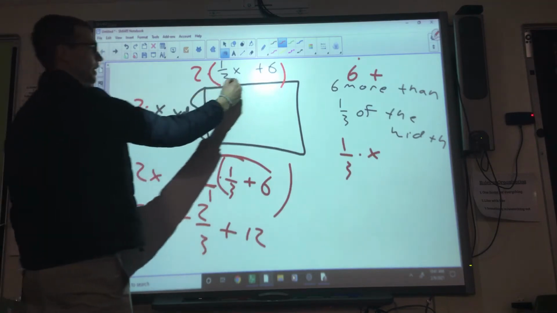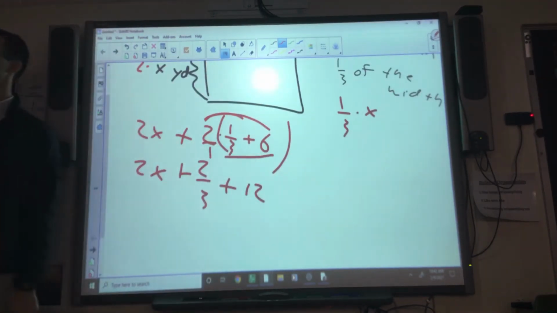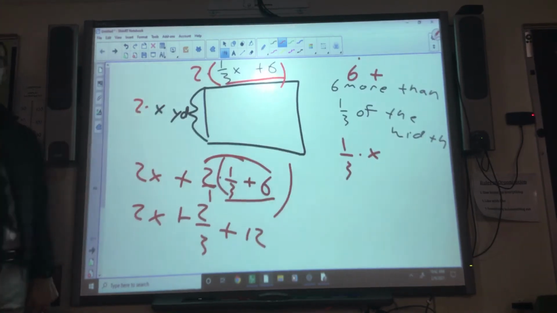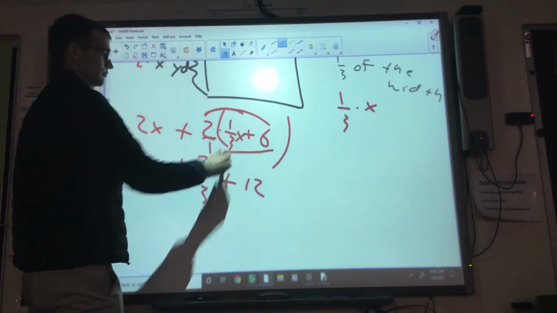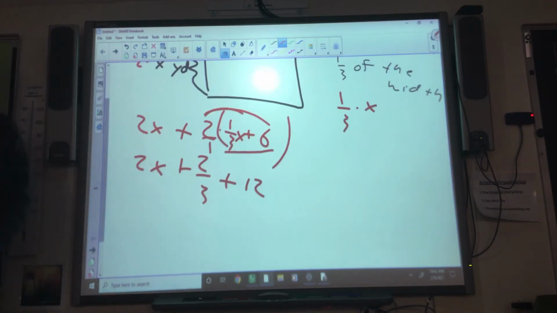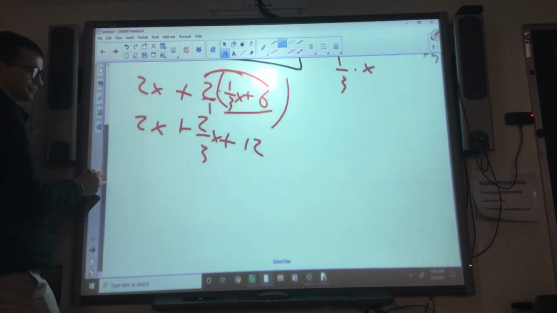This is 1/3 x plus 6, and something dropped right out of the expression. What drops? The x. You might forget that sometimes too, so you have to double check your work. So this becomes 2/3 x plus 12.